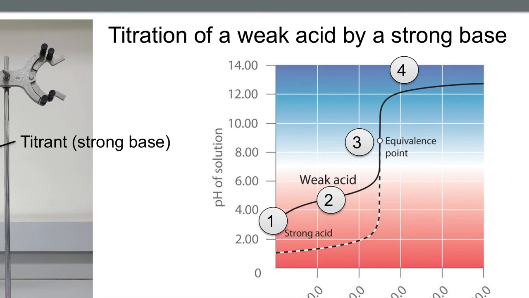The titration curve for a weak acid has a much more gentle, increasing slope in region 2, as opposed to mostly flat and then a sharp increase with strong acid. So you see a much more gradual increase here. That's something you should be able to recognize when you're looking at a titration curve.